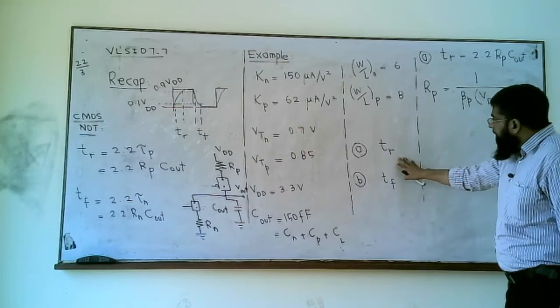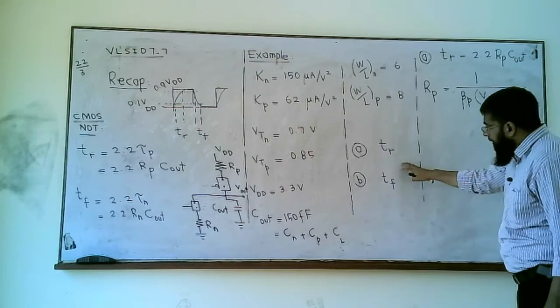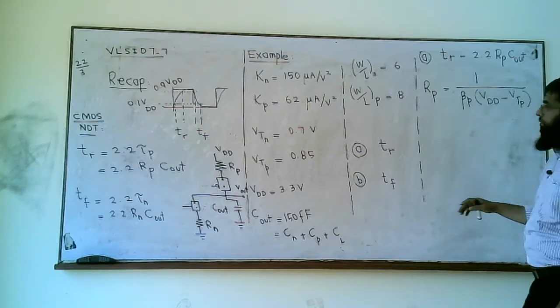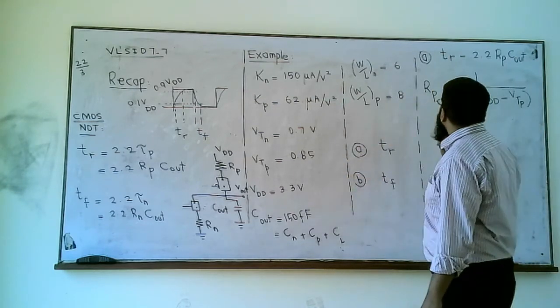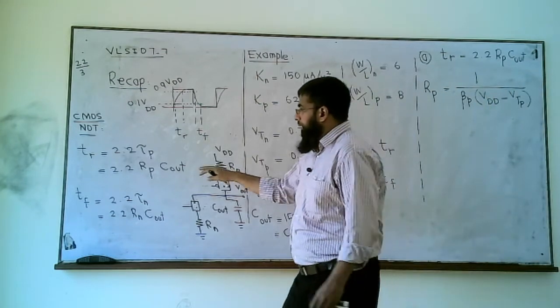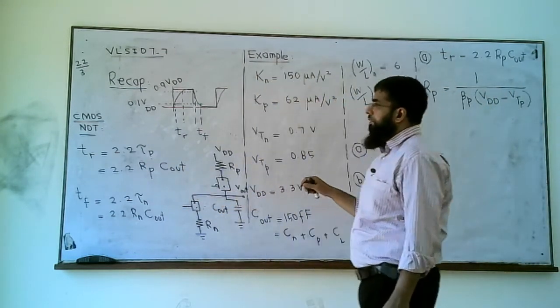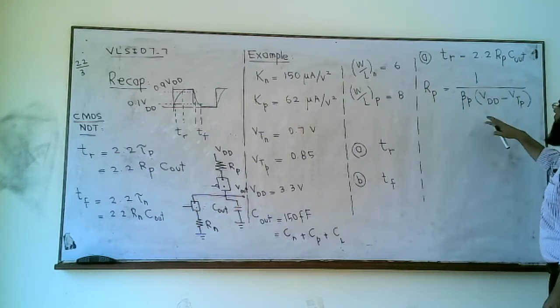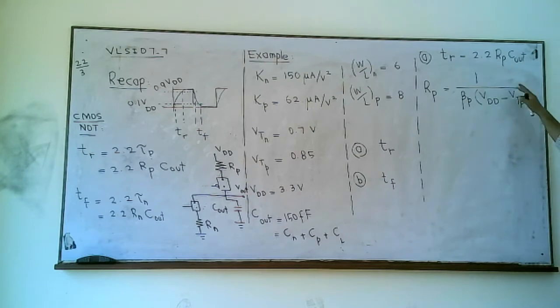So we are supposed to find TR, the rise time delay, and the fall time delay given this whole bunch of information. We know TR is 2.2 times tau p, where the time constant tau p is Rp times C out. Rp is conventionally written as 1 over beta p times VDD minus threshold voltage.